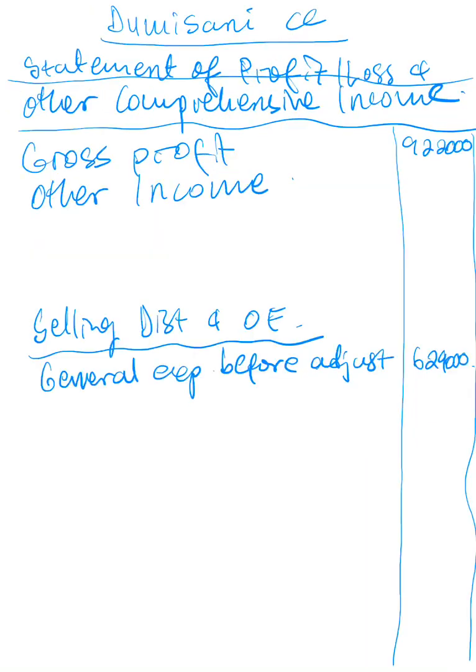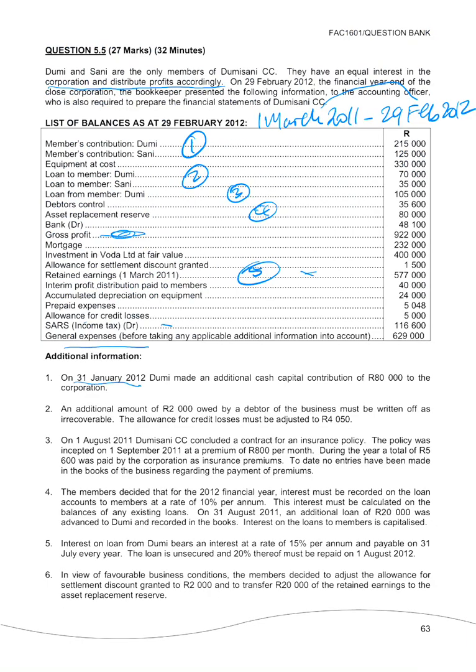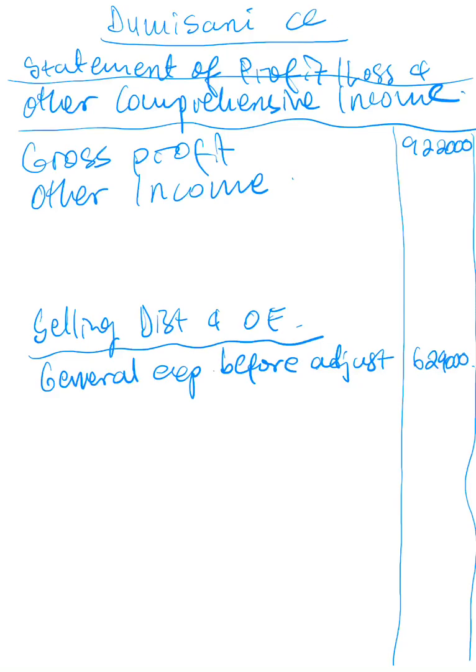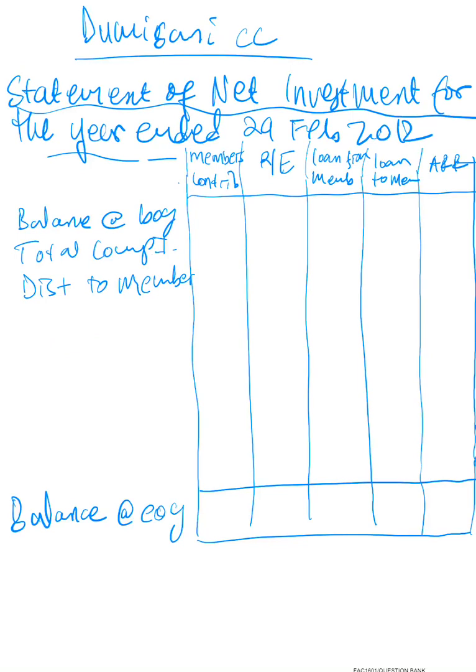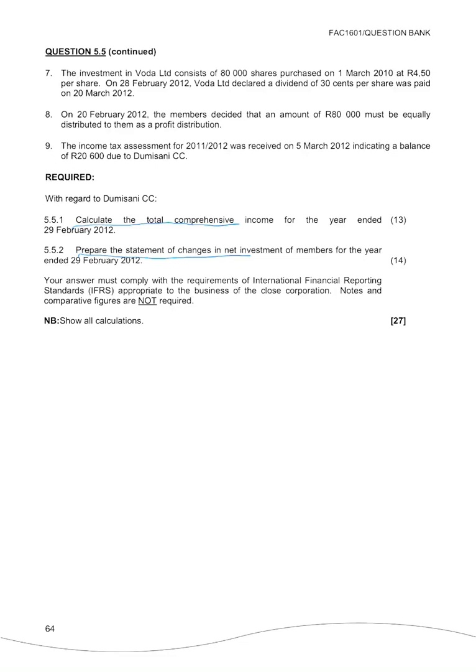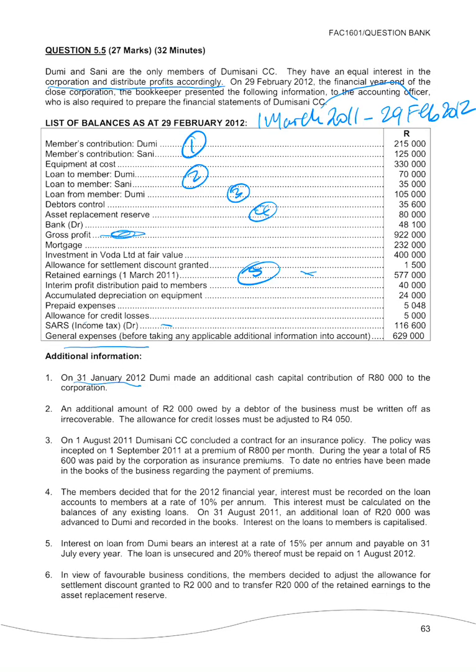Right, so in this case we said the first one is the retained earnings at the beginning of the year of 577,000. So that was the only item given at the beginning. The other items are at year end. Right, so we start. They told you that on 31 January 2012, Dumi made an additional capital contribution.